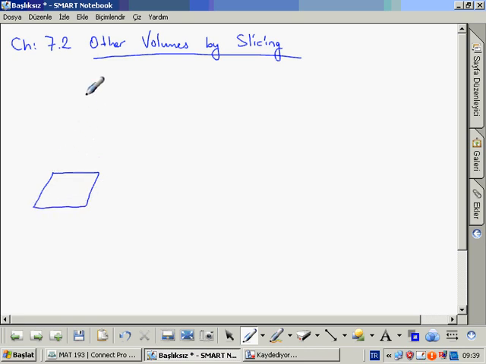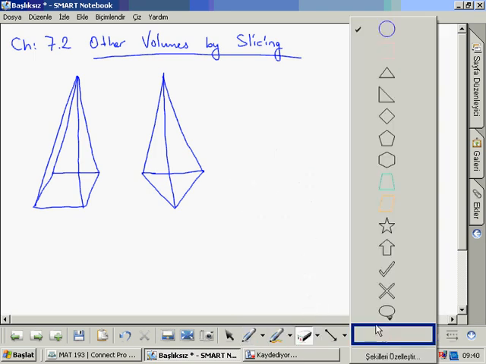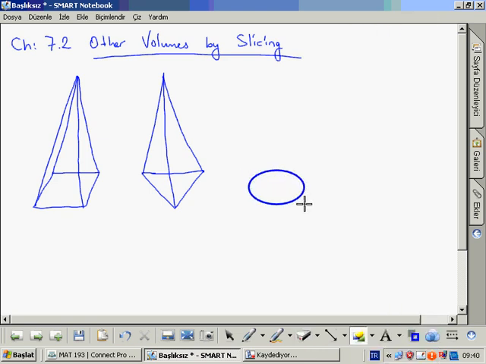Some of them are like that, and some pyramid bases can be triangular in shape. Some of the bases may be different.